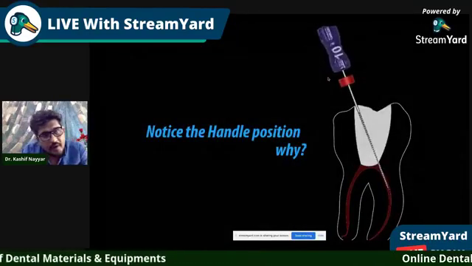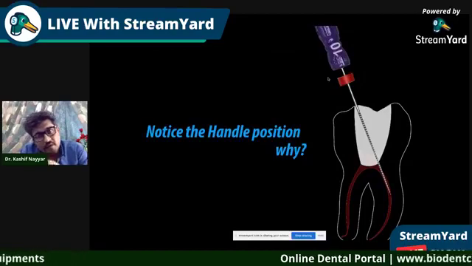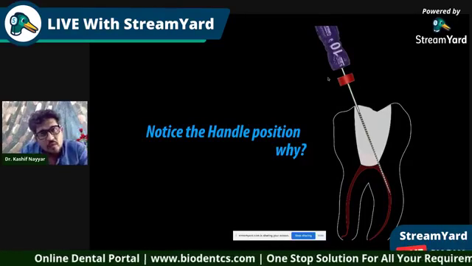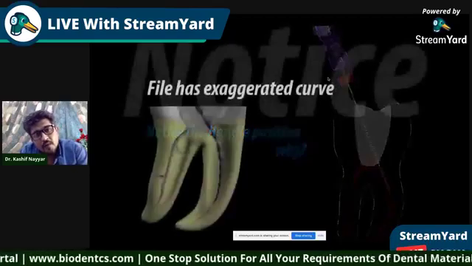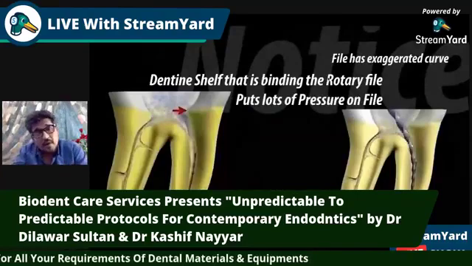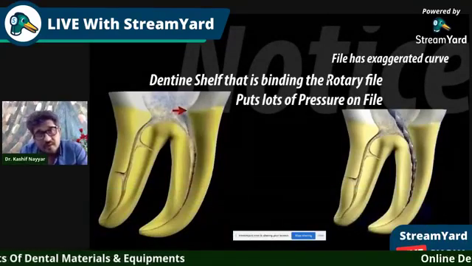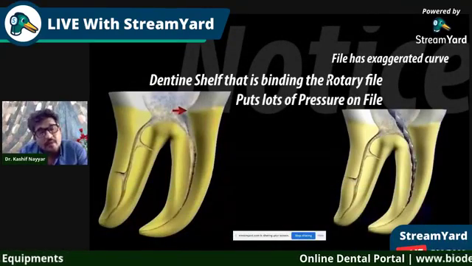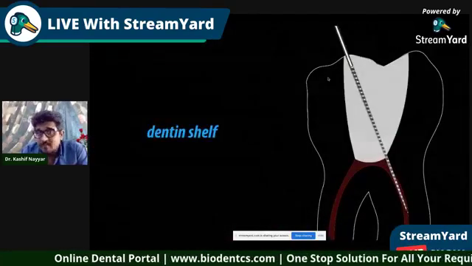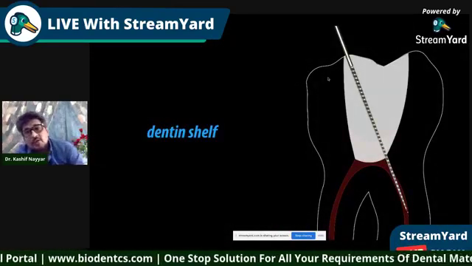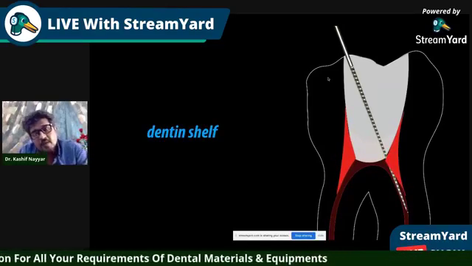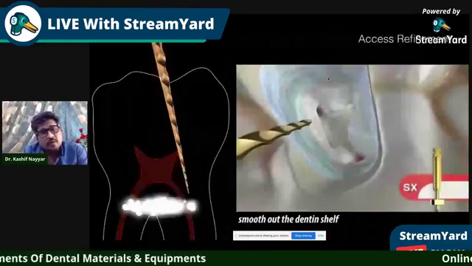During the scouting section, you must have noticed that the handle position is rather tilted. So we have to create our straight line access because the file has an exaggerated curve. This dentine shelf is binding the rotary file and putting a lot of pressure, which can eventually cause rotary fatigue. So the objective here is to eliminate this dentine shelf. How are we going to do that?